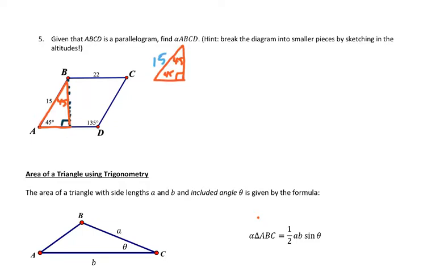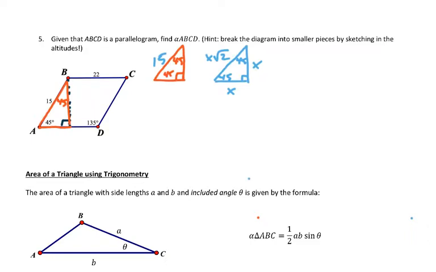Remember the special right triangle relationships that we established: if I have a 45, 45, 90 triangle with a leg of length x, the other leg has a length x, and the hypotenuse has a length of x root 2. That will help us figure out what this x piece is.